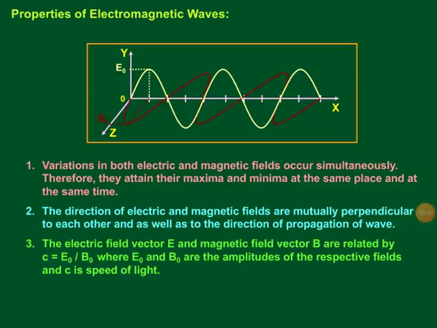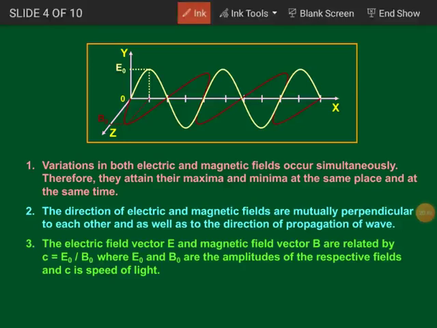So after knowing the maximum values E naught and B naught, we can relate the speed of the electromagnetic wave c as E naught divided by B naught, the ratio of the peak value of the electric field and the magnetic field.